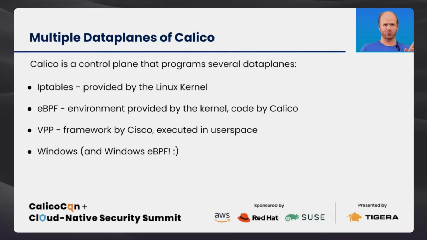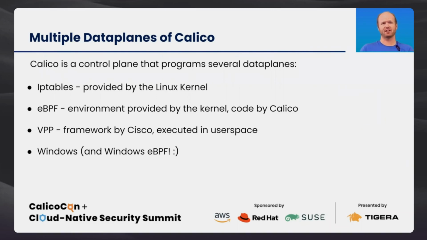The data plane I'm going to talk about here today is called eBPF. It's based on the eBPF technology, which is provided by the kernel. However, the code that the kernel executes is provided by the Calico project.